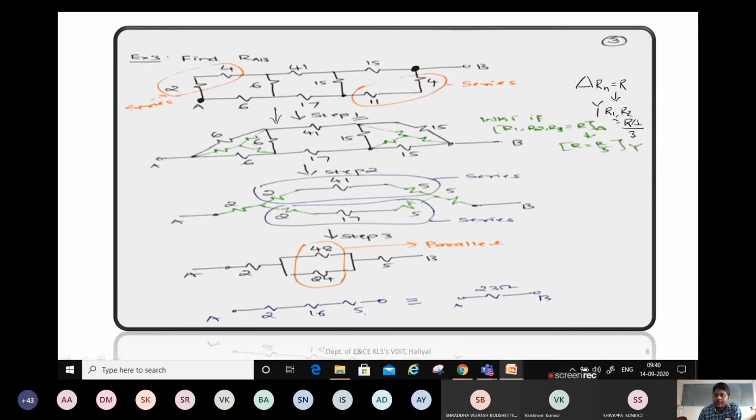This we have done in the derivation itself. Those who have missed that, you can go through that video and recollect the things. Okay. So here the equivalent star network is shown in green color, right? So how will it look? It looks like this.